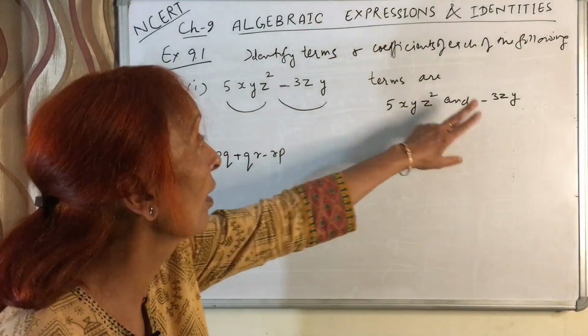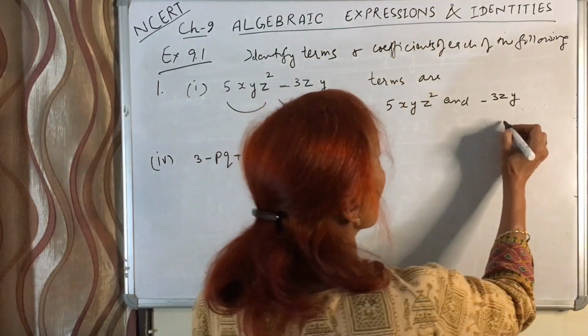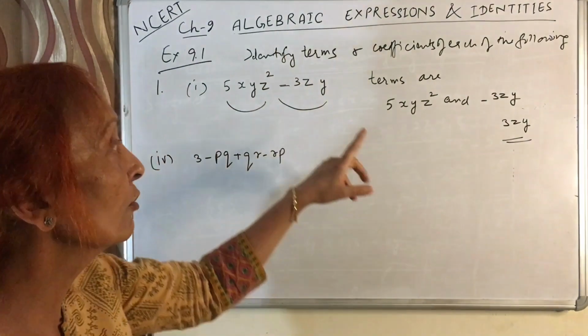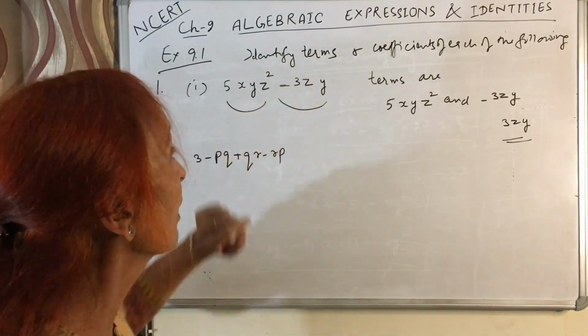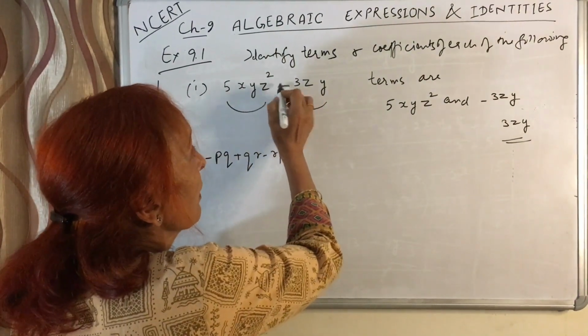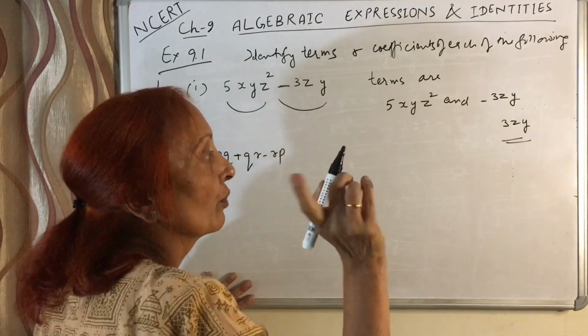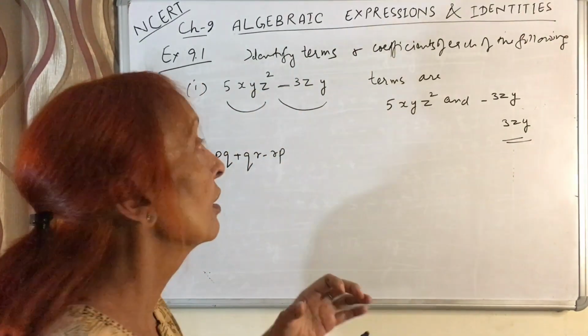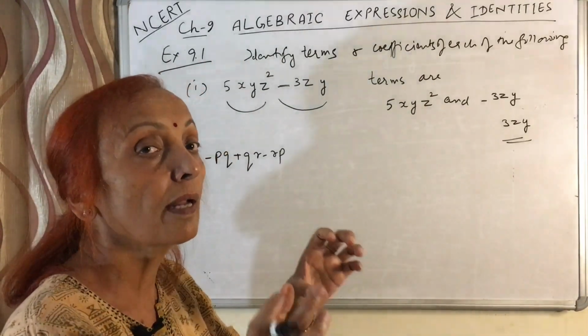Why minus? Why not only 3zy? Here you need not confuse with this. Here it is a minus sign, the term is minus 3zy, because you write the expression in the form that terms are added.